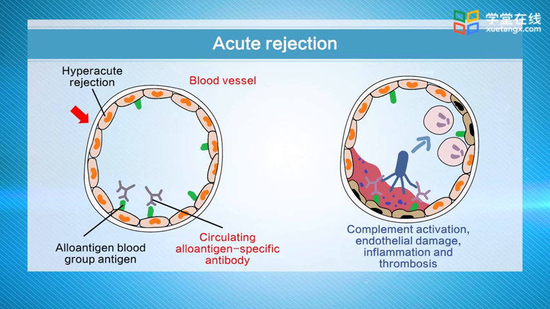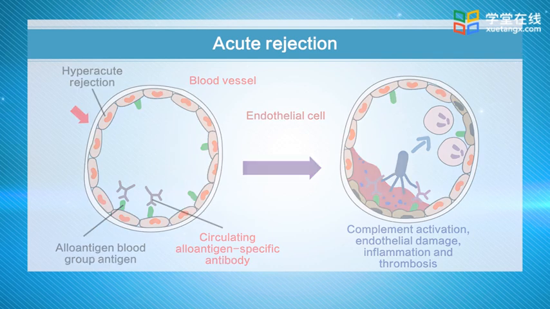Hyperacute rejection is mediated by preformed antibodies specific for antigens on graft endothelial cells. Therefore, all arterioles and arteries exhibit acute fibrinoid necrosis of their walls and narrowing or complete occlusion of their lumen by thrombi.